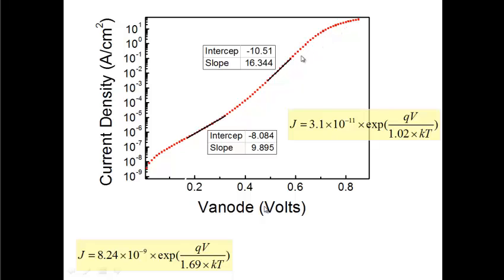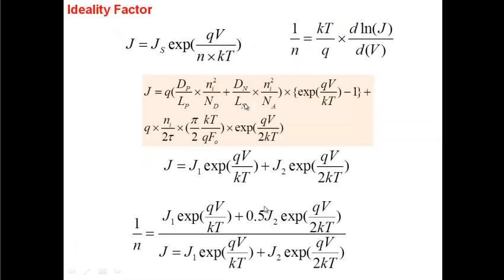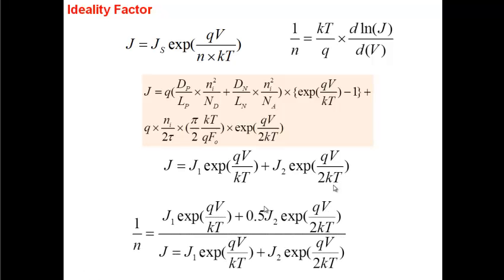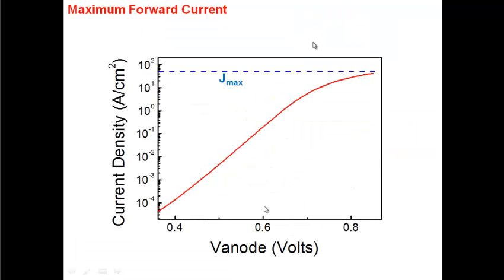So this is the behavior of a normal PN junction diode. Both current components, exp(qV by kT) and exp(qV by 2kT), are present here, and especially at lower biases, this is something that you cannot neglect. At higher biases, of course, this one is there.